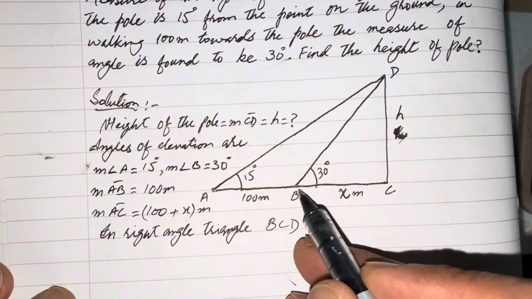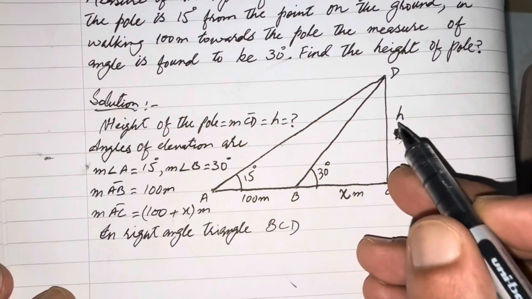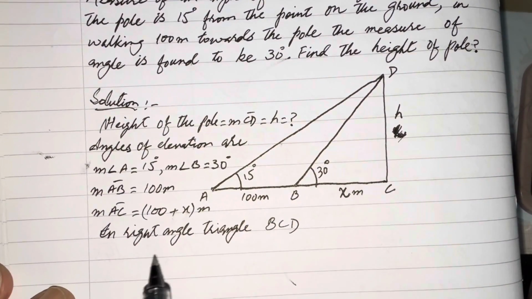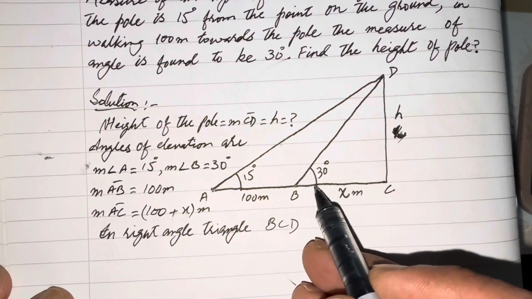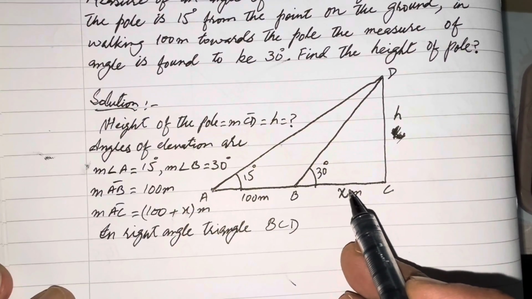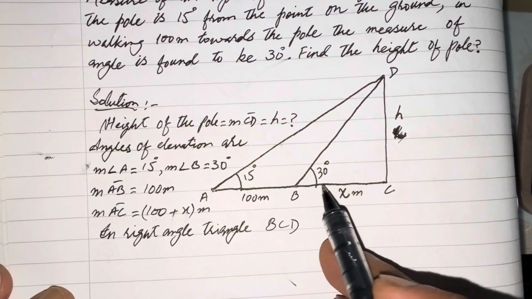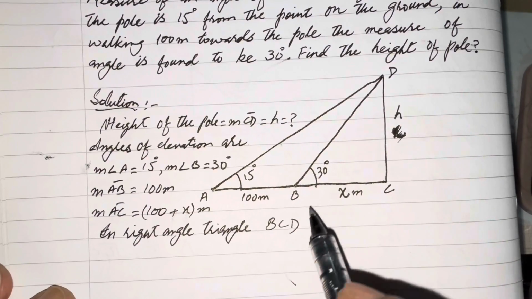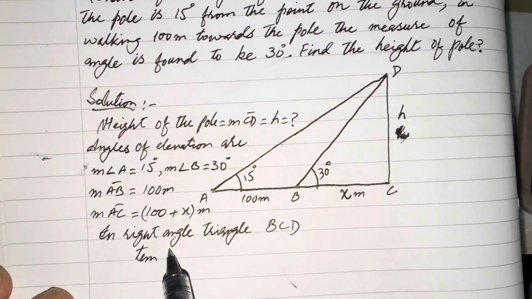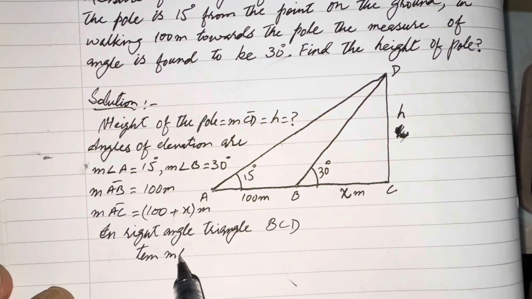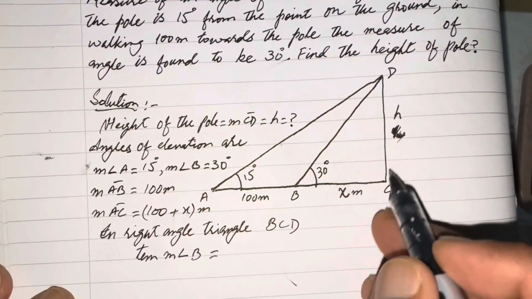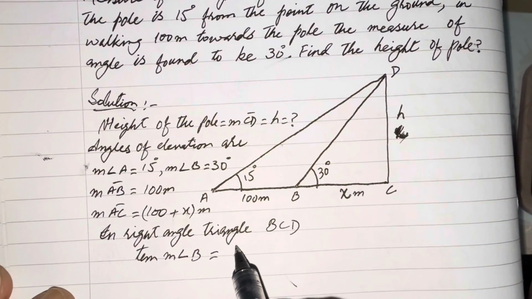The angle is 30 degrees at point B and the sides are H and X. In right angle triangle BCD, if we take the side opposite divided by the adjacent, we can say the trigonometric ratio tangent of angle B is equal to the measure of CD divided by BC.